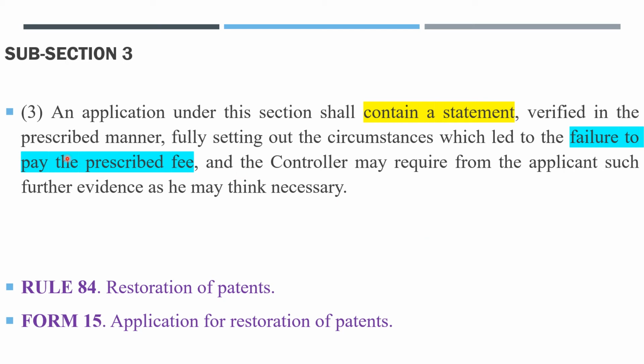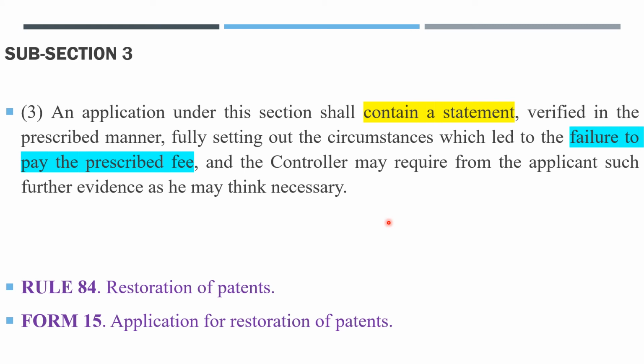An application under this section means section 60. What shall it contain? It shall contain a statement. The statement should be verified in the prescribed manner, and it should fully set out the circumstances which led to the failure to pay the prescribed fee.